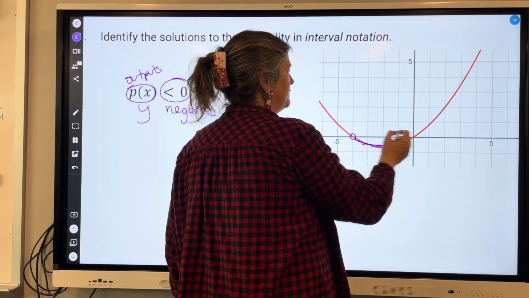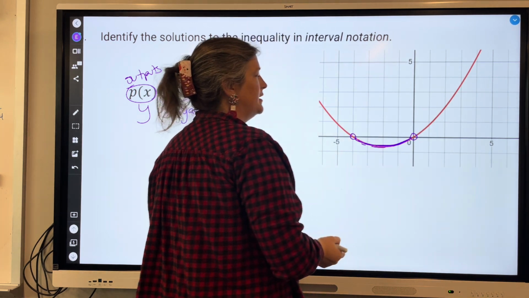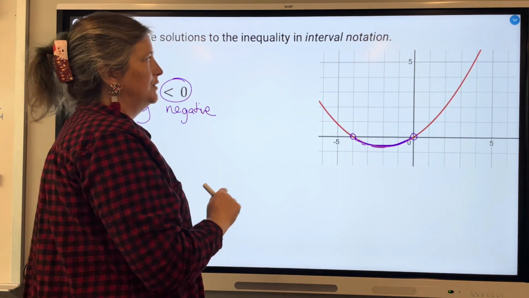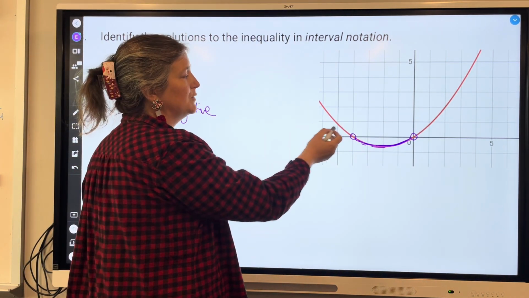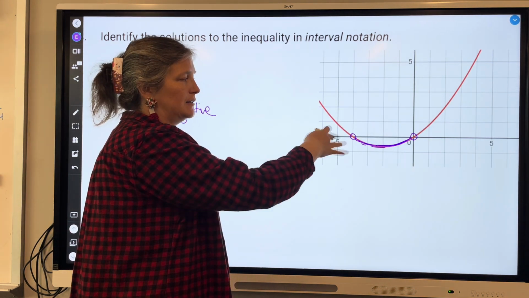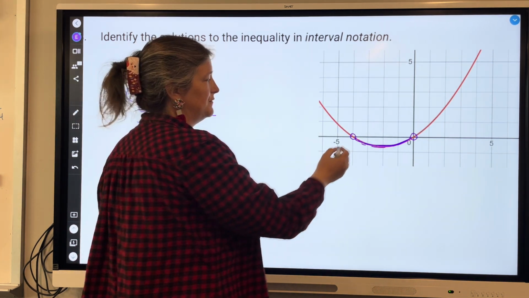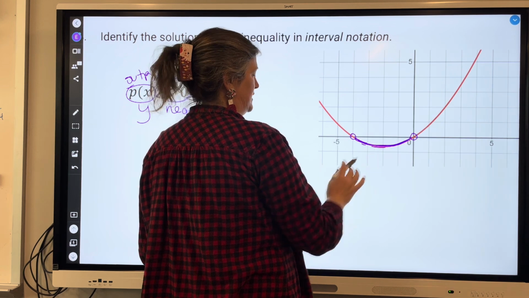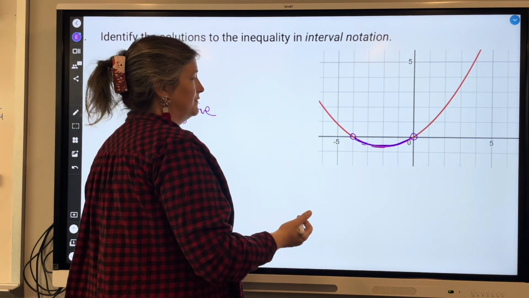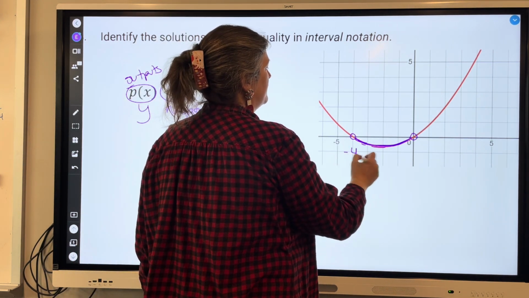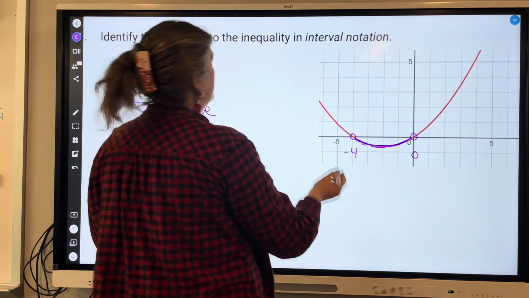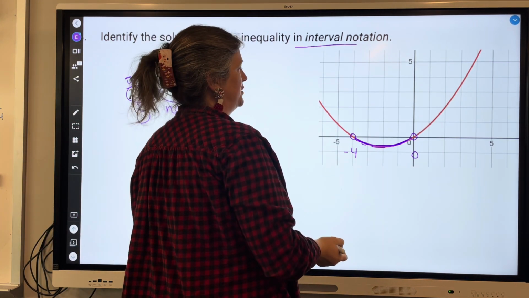So I want to identify from here to here, but I'm not going to include them. Notice I used filled in dots in the previous one. I'm using hollow dots this time. That's the sort of graphical representation for go right up to it, but don't include it, right? Like holes in our rational functions. So negative 4 to 0. This time they want it in interval notation.